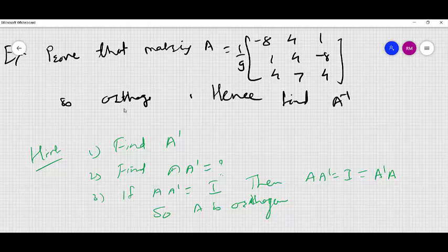In this way we have to show A is orthogonal. And the last step is to find A inverse.